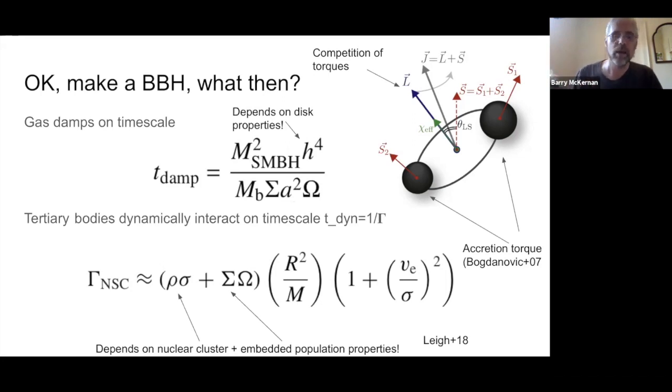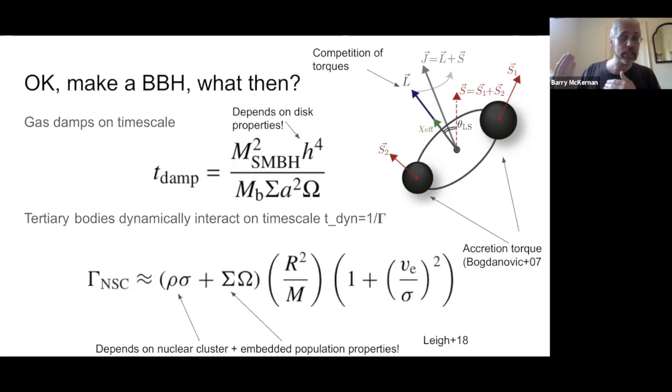So that process of torquing the orbital angular momentum of the binary depends on the gas disk. Great. But there are other things going on as well, right? There's that spherical component of objects that are plunging through the disk. If one of those orbits comes close to our binary here, that can torque L away from alignment with the AGN disk. And then there's a second component of orbiters, the other objects that are also embedded in the disk and migrating.